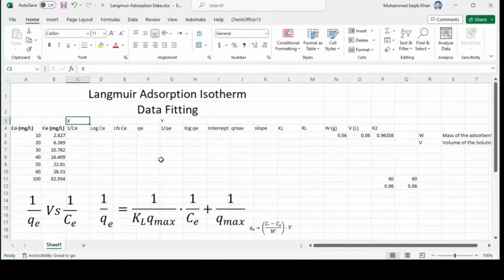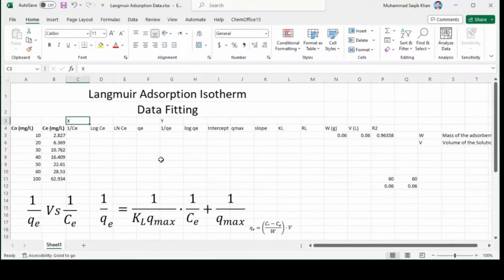Okay, now for calculating Qmax, we have the formula: intercept is equal to 1 over Qmax, while Qmax will be equal to 1 over intercept.